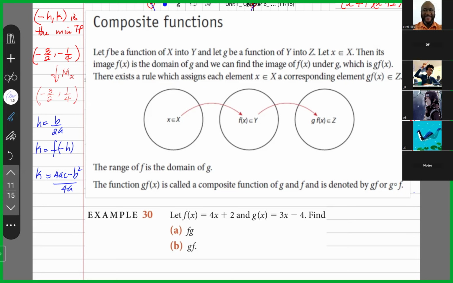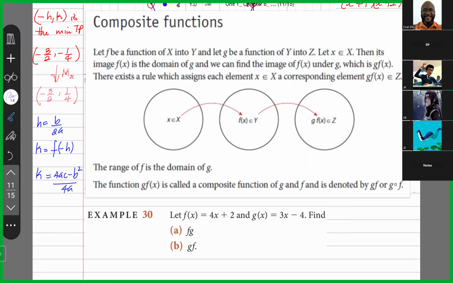Now, the function g of f of x is called a composite function of g and f, and is denoted g of f or g naught of f. So it's important to take note here, g naught of f is another way to represent or to denote the composite function g of f of x.